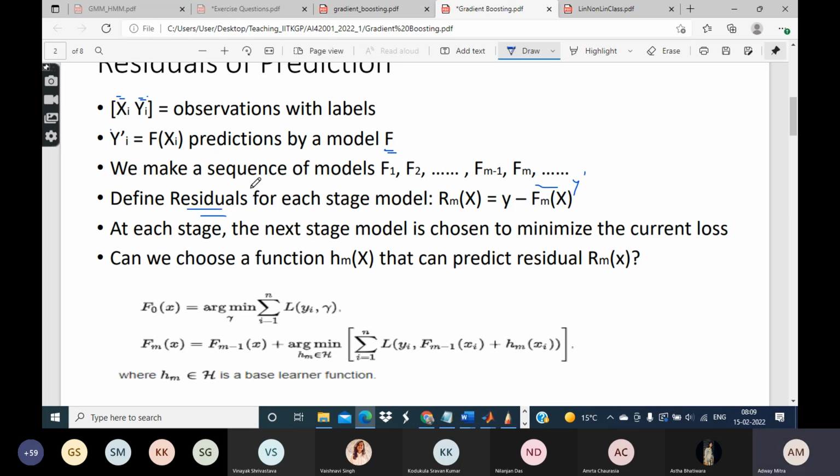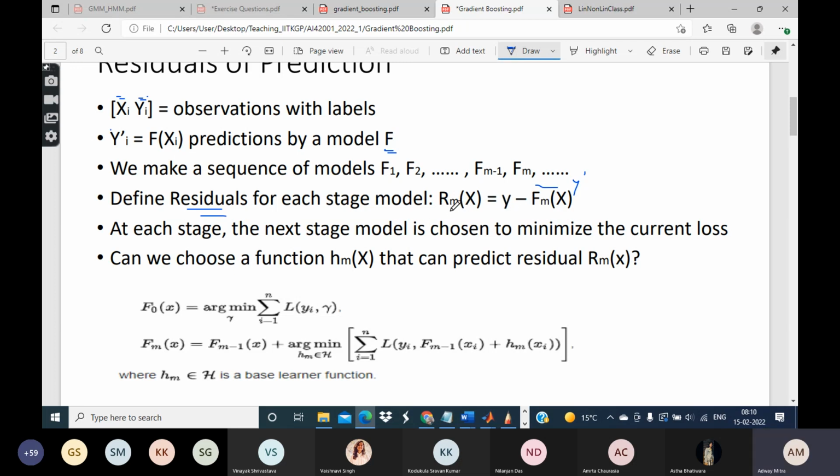Now if we are considering an ensemble method, what is done is that we make a sequence of these kinds of models f1, f2, etc. That's the same thing which we had done in case of AdaBoost also, where we had a sequence of different classifiers. Each classifier can make predictions on any data point, so in the process, each of them will produce some residual.